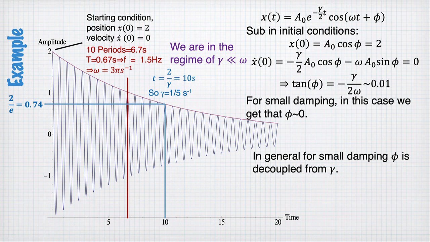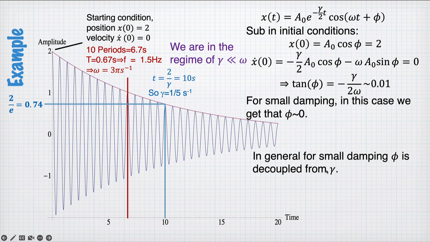And what I mean by that is that if the damping rate is small enough, we can sort of ignore this term here, and then the phase of the oscillation is not affected by the fact that the system is decaying. So if you measured the phase of this oscillation by fitting an undamped sinusoid to it by sort of lining up the peaks, that would give you the phase phi, and then once you know the phase phi, you can calculate the amplitude A0.